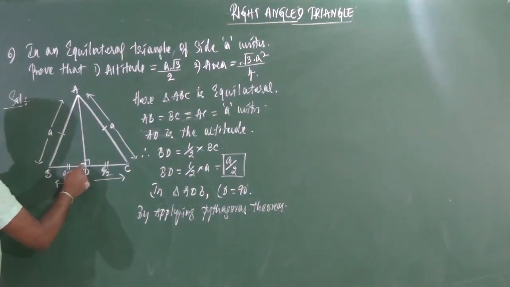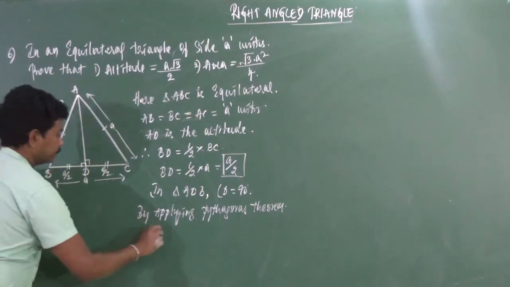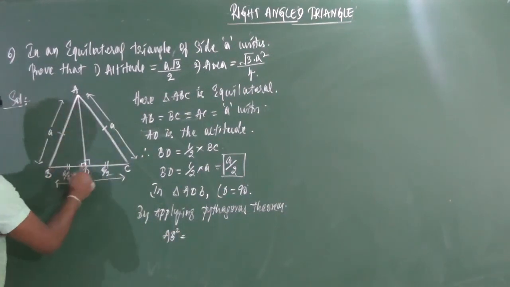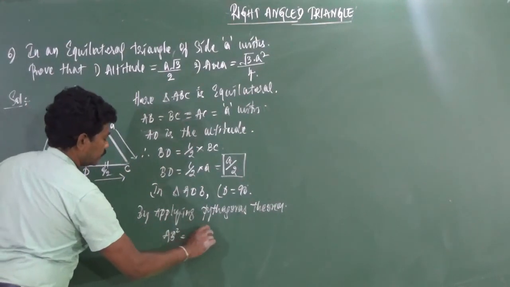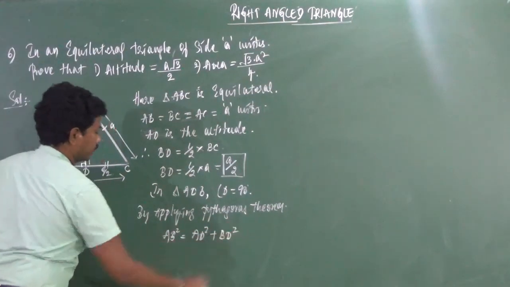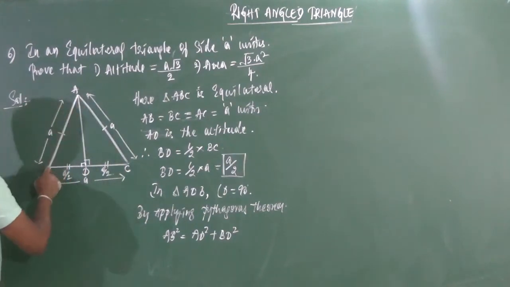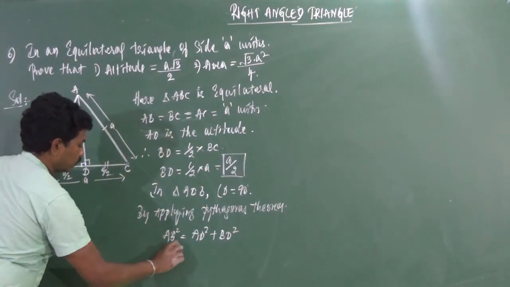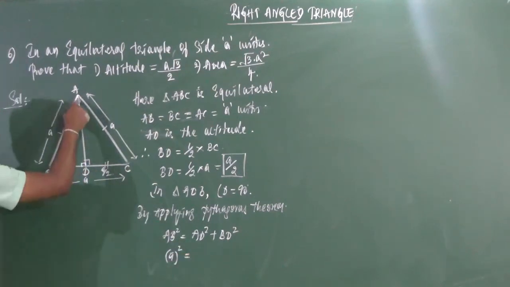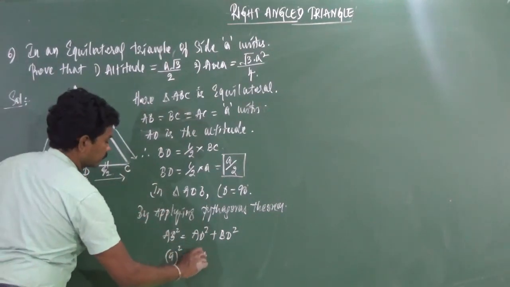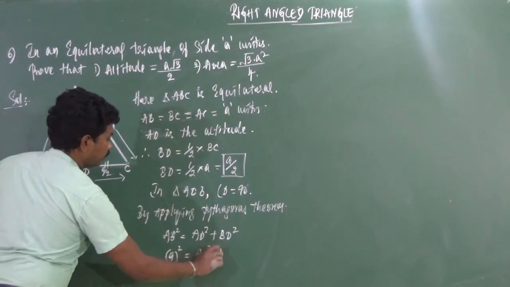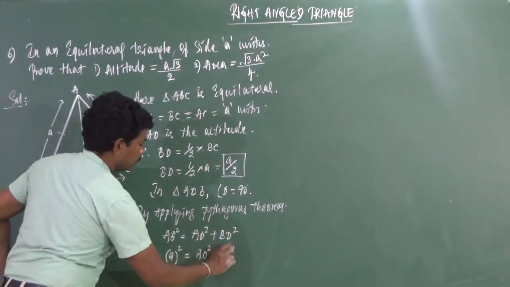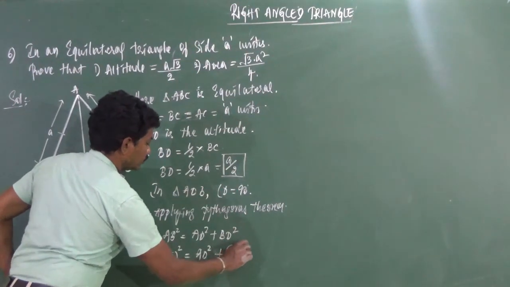this is the right angle, opposite to that is AB, so AB square is equal to AD square plus BD square. Here AB is A, so A whole square is equal to AD square, which we have to find out, plus BD square, where BD is A by 2, so that becomes A by 2 whole square.